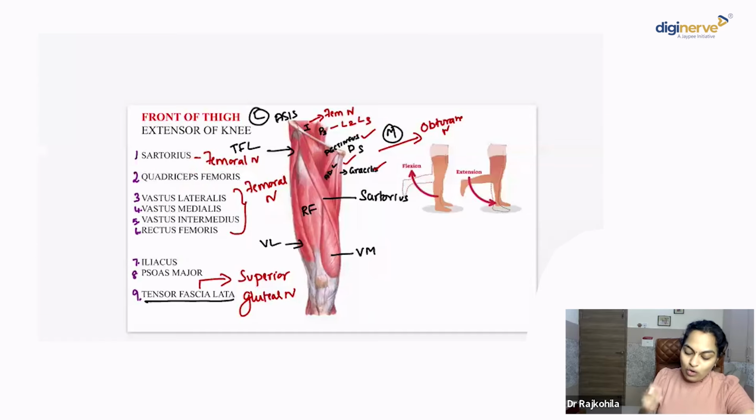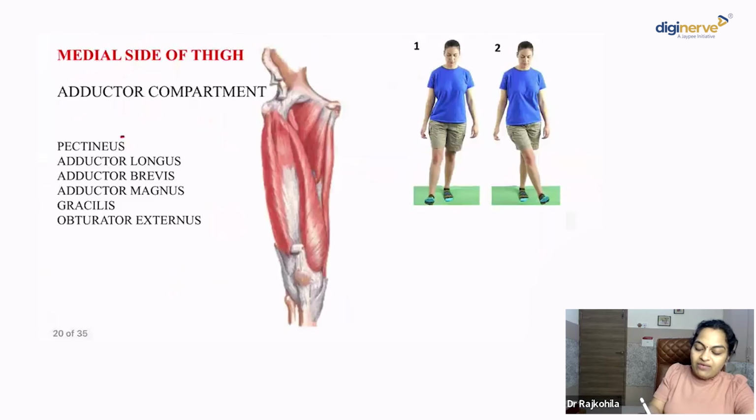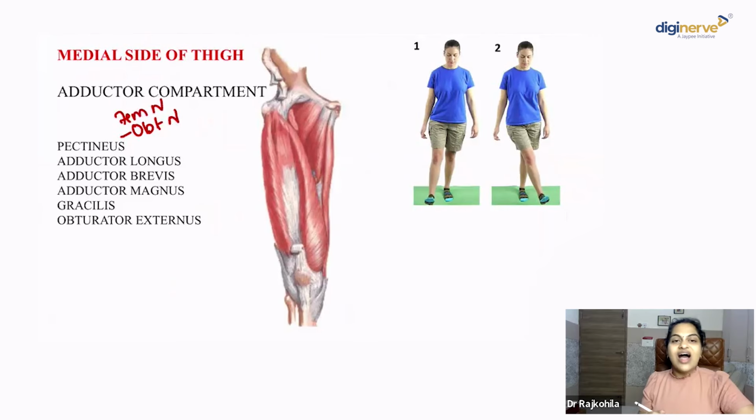But please make a note of it. Pectineus is a muscle with dual nerve supply. It's not only the obturator nerve, it is also the femoral nerve, right? So pectineus is a hybrid muscle with dual nerve supply.